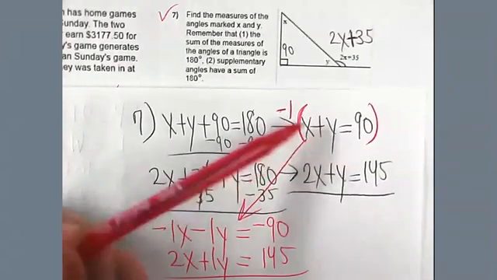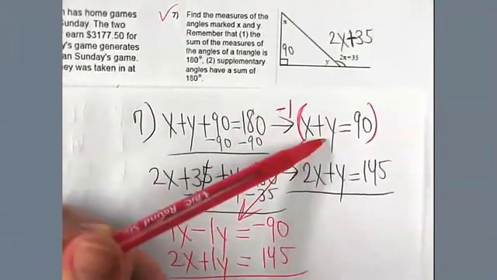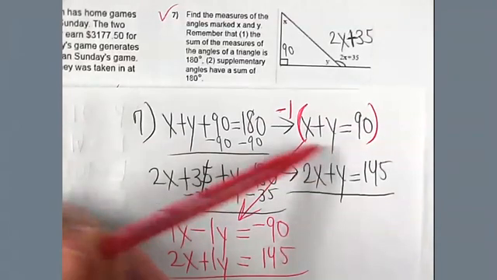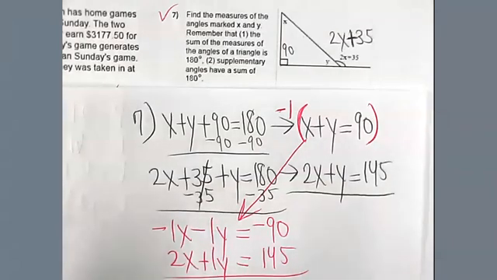So it doesn't matter, honestly, which equation you multiply negative 1 by. I just chose the first equation randomly. Did that answer your question, sir? Yes, sir, it did. I thought you were doing x, and that's why I got it. Okay.